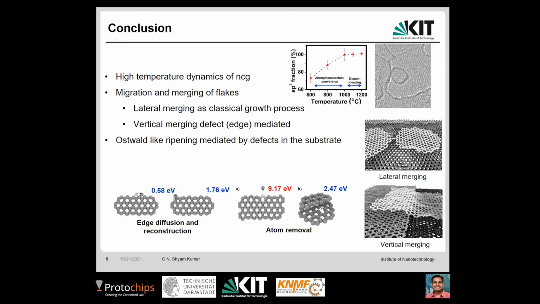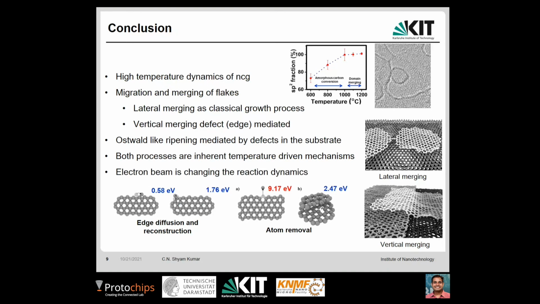In that way, an extended defect can act as a pathway between the shrinking flake and the growing one. So this Ostwald-like ripening is more defect mediated, and we confirm that these are inherent temperature driven mechanisms and not beam induced. But the beam is obviously giving some extra activation energy, thereby changing the reaction dynamics.